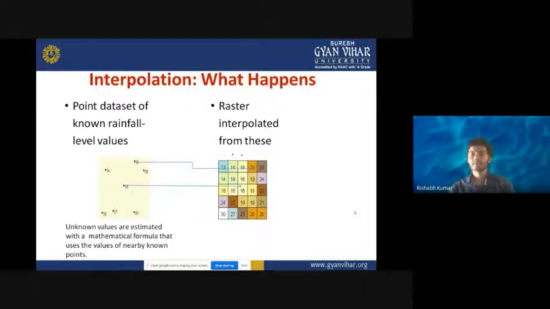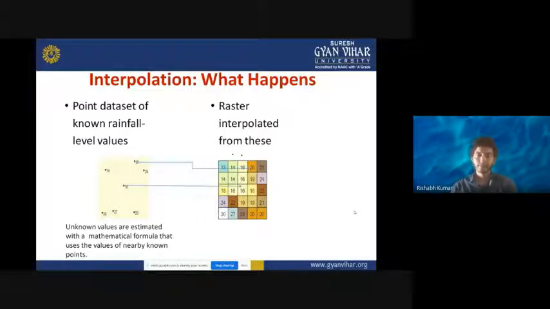Okay, so what happens in interpolation? Suppose, specifically in raster interpolation in GIS, you have a point data set of known rainfall values. We are taking the example of rainfall values here. Suppose we have point data or station data of rainfall values distributed in a region.